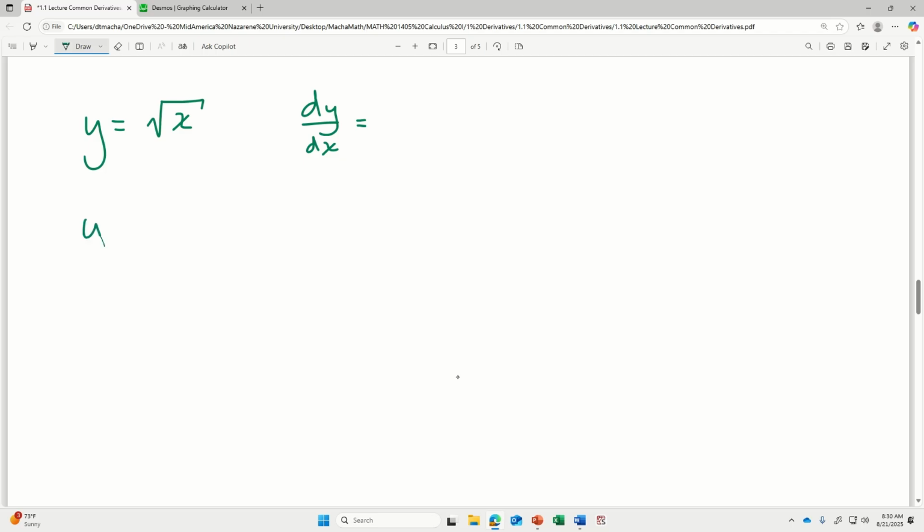And so instead of thinking about the square root of x, it can be helpful to think about this as x to the 1/2 power. And then we say that the derivative of y with respect to x is 1/2 x to the negative 1/2 power. And another way of writing that would be to say 1/2 times, what do I do with a negative exponent? What if I don't want to have a negative exponent?